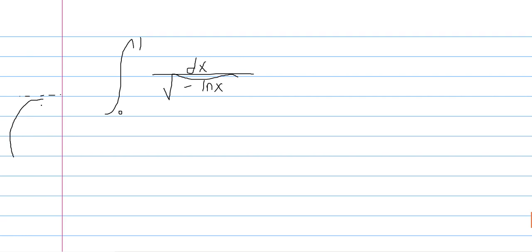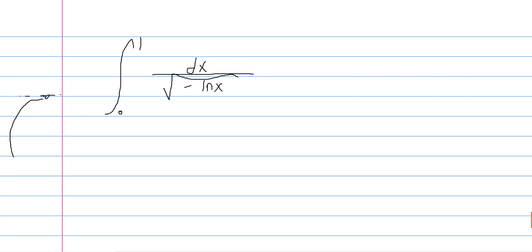Next order of business is the following integral. It's the integral from 0 to 1 of dx divided by the square root of negative natural log of x. Well, we have a square root and we have a negative, so first we're a little bit worried, but we notice that if x is from 0 to 1, then the natural log is negative.